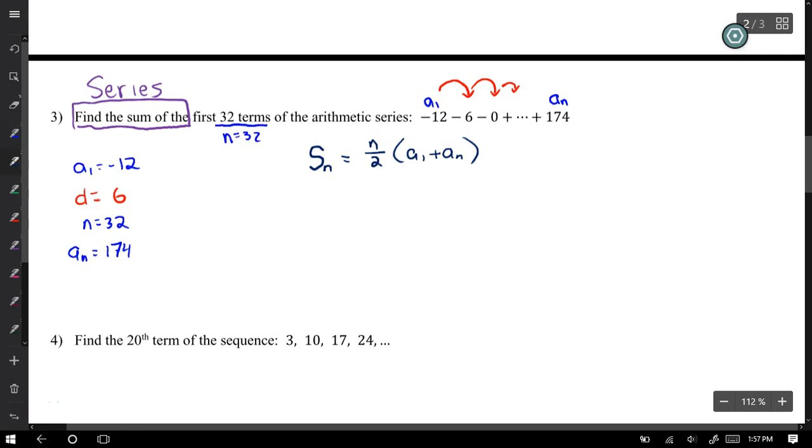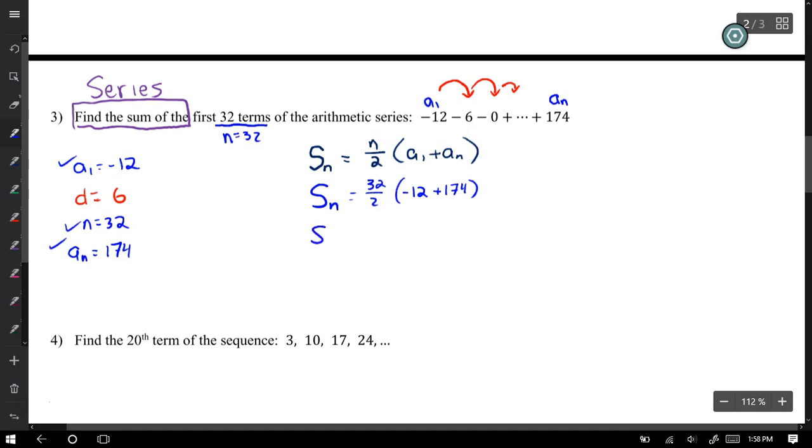So let's see if I know everything. I know a1, that's good. a1 is negative 12. I know a sub n, that's 174, so plus 174. I know n, it's 32. Actually, I have all the information to find the sum of the first 32 numbers. It's actually order of operations now. So let's try this out.